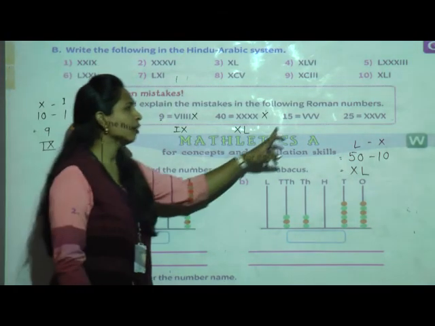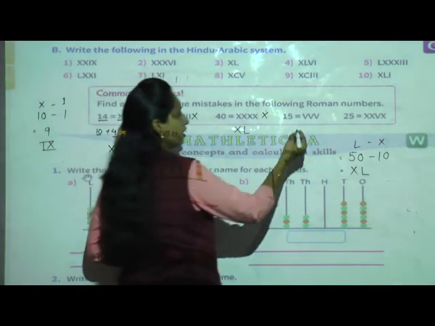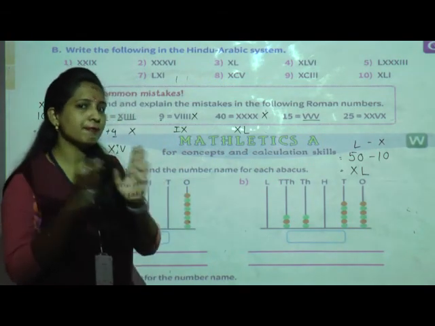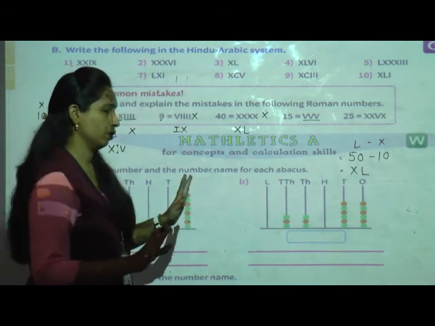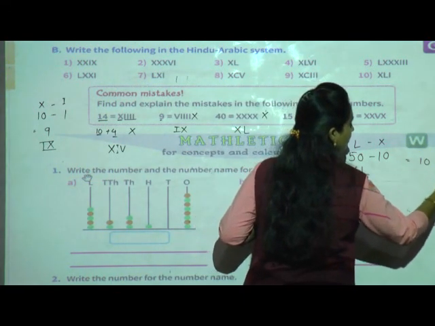Got it? Now what about 15? See the 15. How will you write it? How will you do the calculation? 15 expanded form is like 5 plus 5 plus 5. No, that is not correct. 15 expanded form is 10 plus 5.